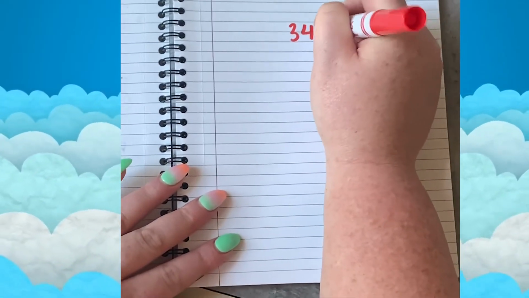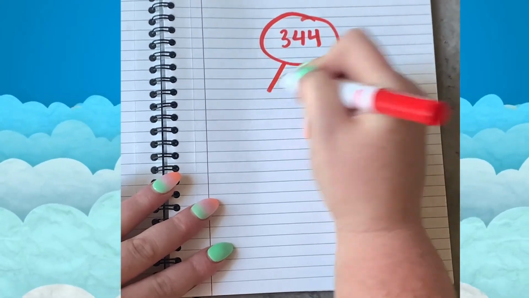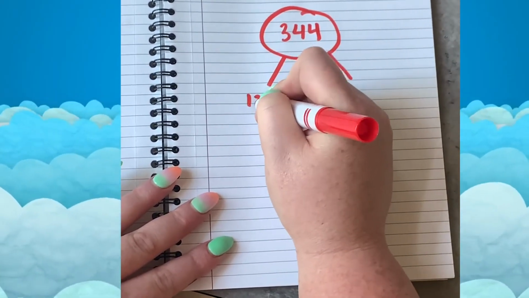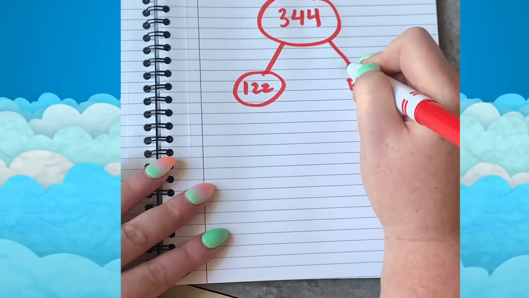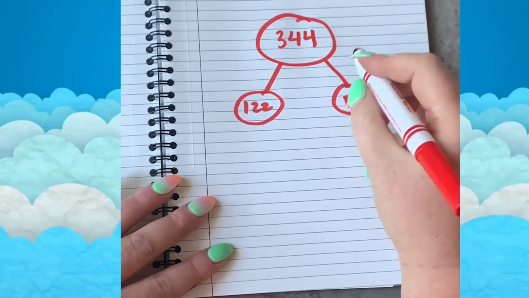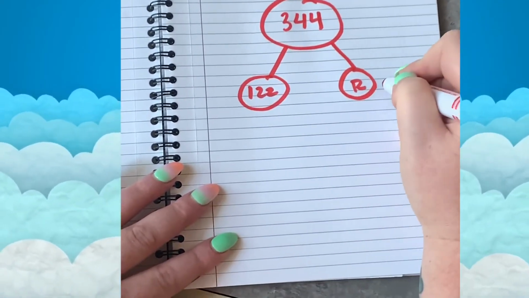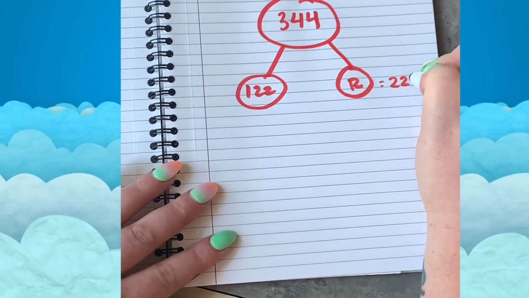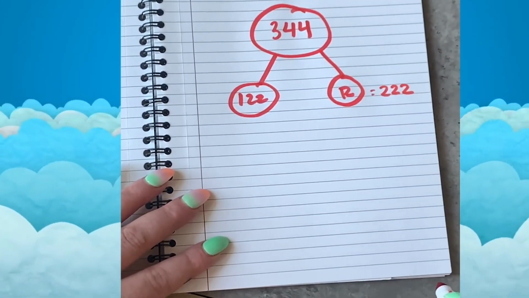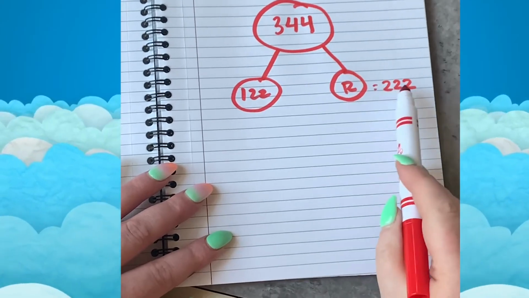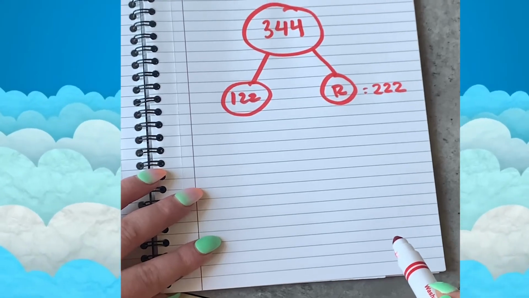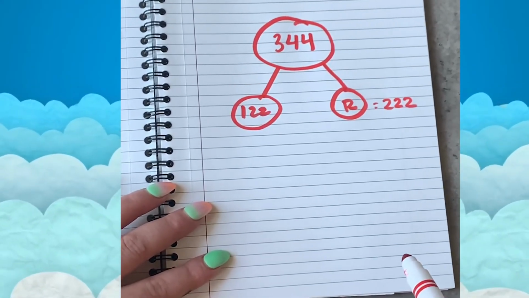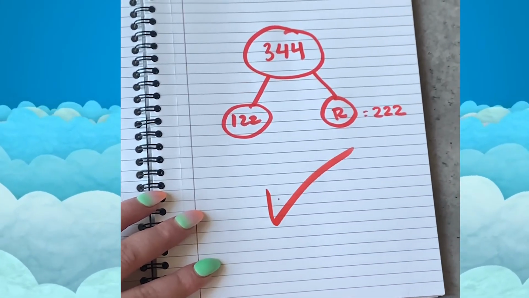So if 344 is my total, my problem tells me my parts were 122 plus the Republic Building. I figured that my Republic Building was equal to 222 meters. So if I am correct, that means that 222 plus 122 equals 344. Is that correct? Yes, that is correct.